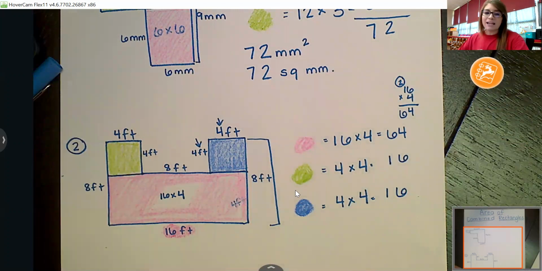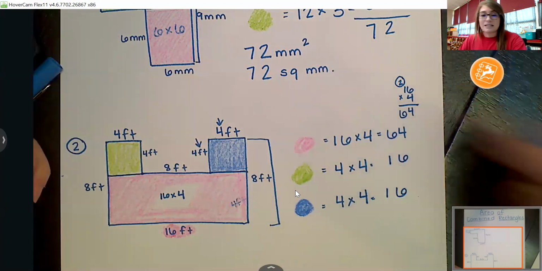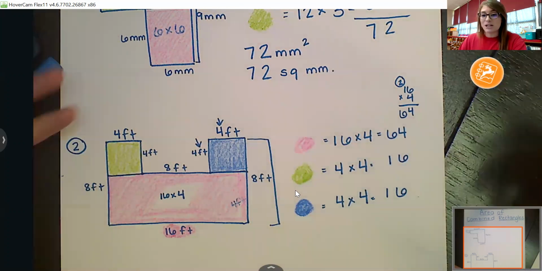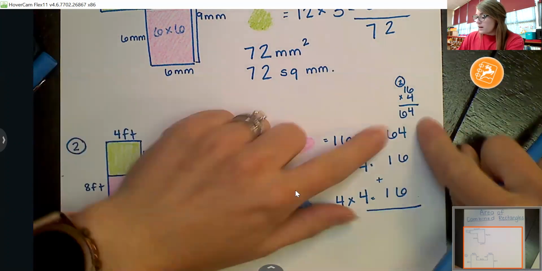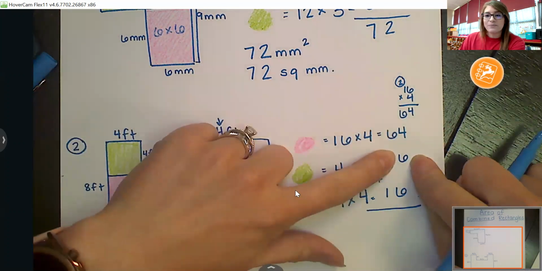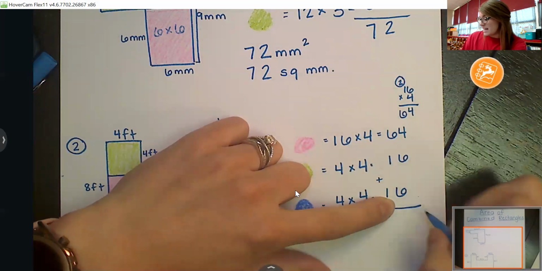All righty. Now I cannot say that the combined area is 64, 16, 16 square feet. I've got to make sure I add those up. So I'm going to add those together. 4 plus 6 is 10. Very good. Plus 6 more is 16. Very good.